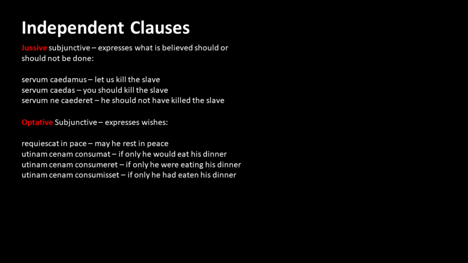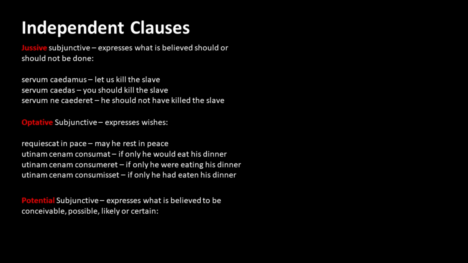Again, the structure of tenses is the same in Latin and in English. So hold on to the English construction. It explains the Latin construction. I pass to the very similar potential subjunctive, which expresses what is believed to be conceivable or possible or likely or certain.